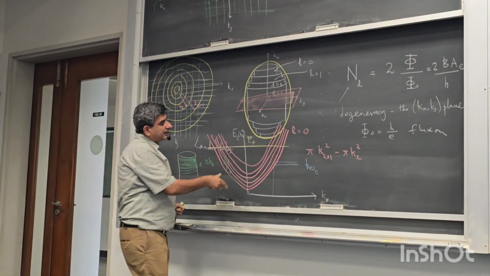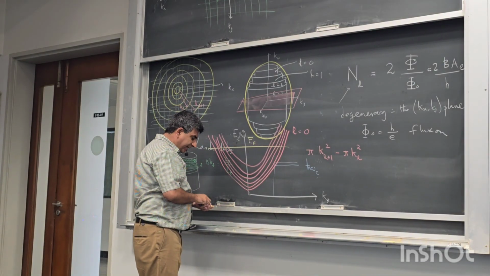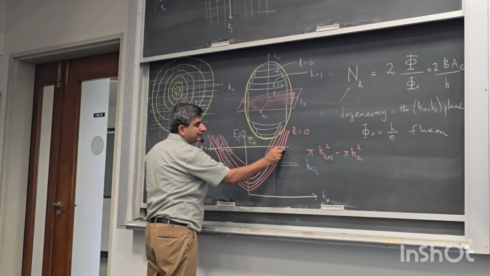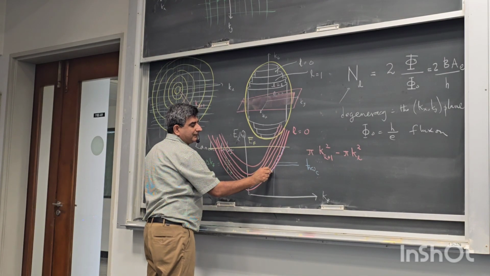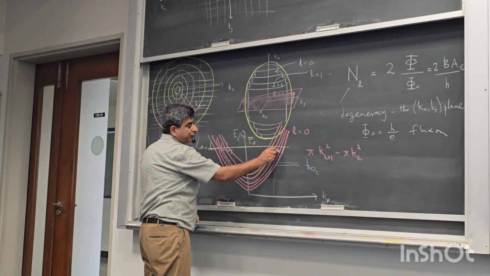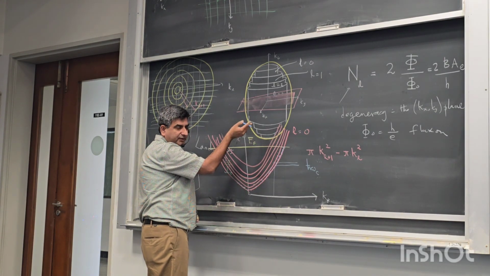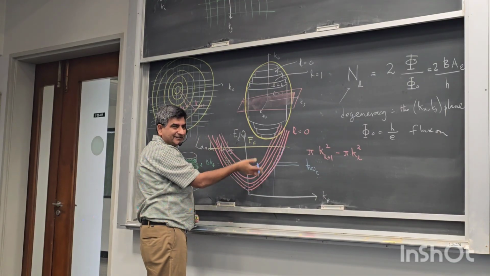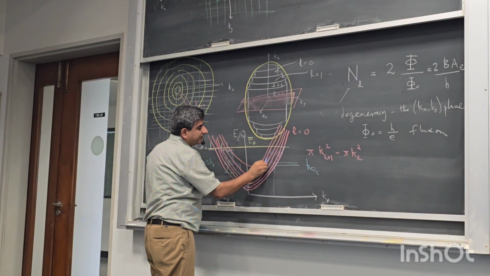The electrons are going to fill up these levels, right? There will be electrons on each of these Landau tubes, and they will fill up successively as the energy is built up. But all the levels up till the Fermi energy will be filled.